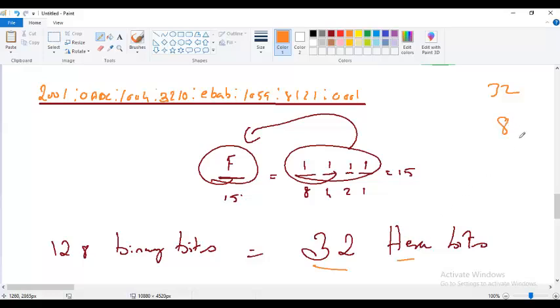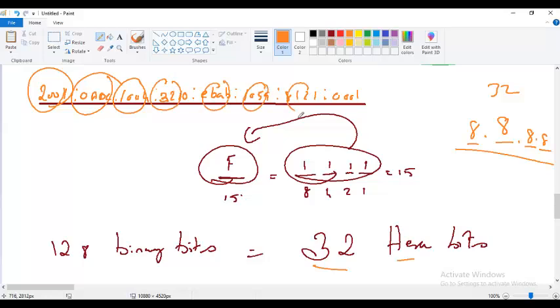Here 8 groups: 1, 2, 3, 4, 5, 6, 7, 8. 8 groups of 4 hexa digits. This is called a hextet. 8 hextets you have.